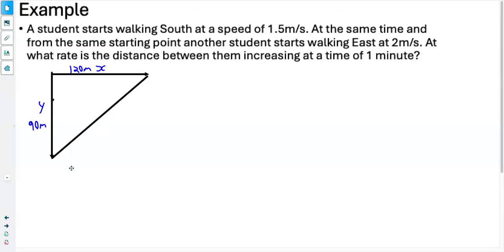So we would use Pythagoras. If we call that X and Y, I'll just call this Z. So we know Z squared equals X squared plus Y squared. So Z squared is 120 squared plus 90 squared. And that gives us a length of 150.